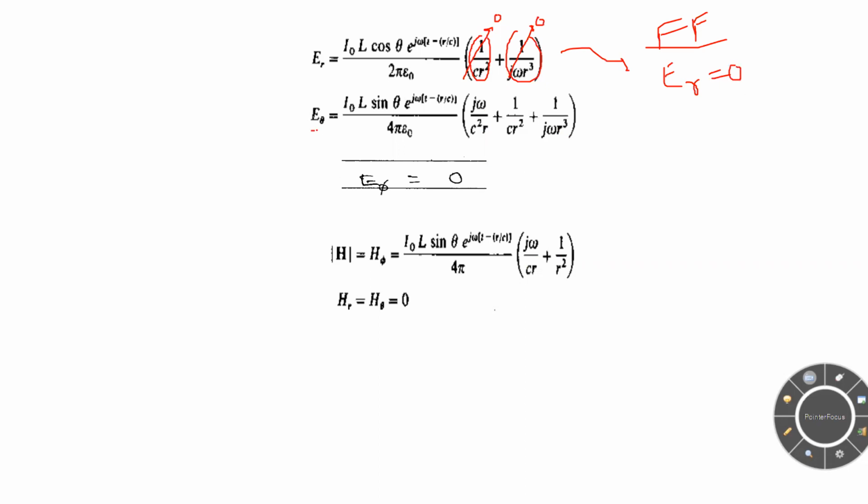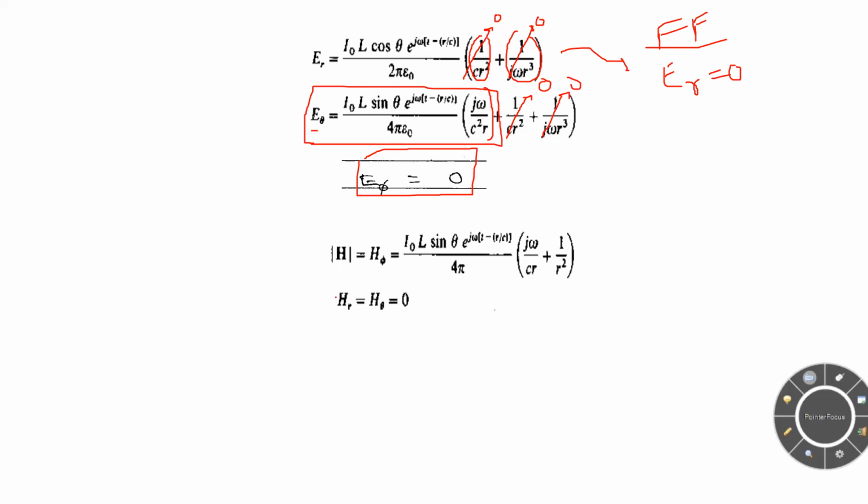Now what about E theta? This component is equated to 0 and this component is equated to 0. So you are left with only this parameter. This will be the equation for E theta in the far field, and E phi will be 0. It is not present in the near field, therefore it will not be present even in the far field.